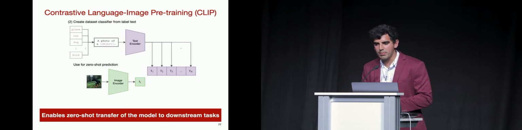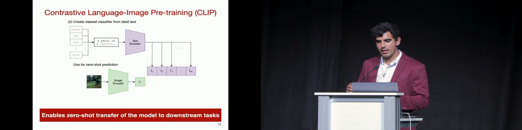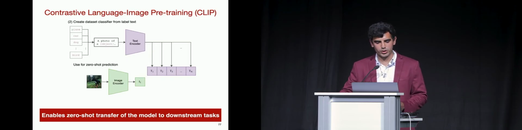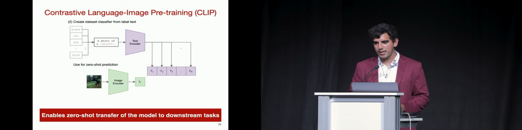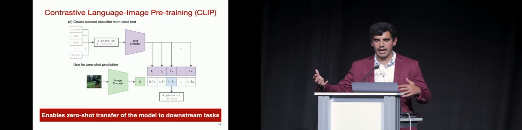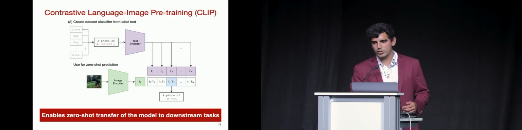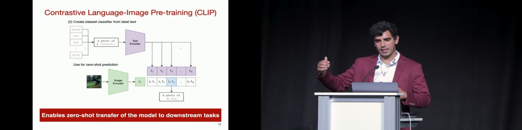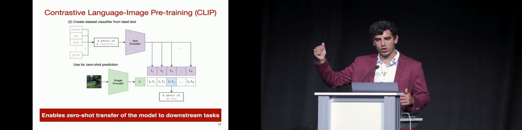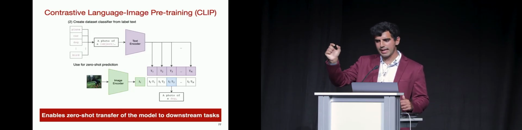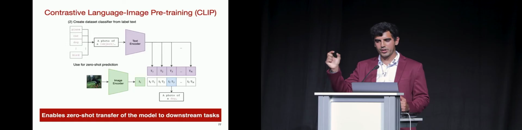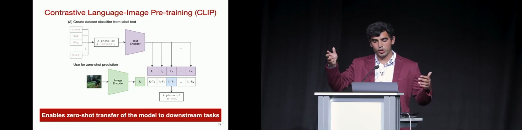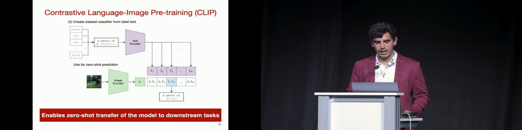The great benefit of this is that we can now enable zero-shot transfer of the model to downstream tasks. Because we have trained both a text encoder and an image encoder, we can take the classes we care about, say plane, cat, dog, bird, and get text embeddings corresponding to these classes.